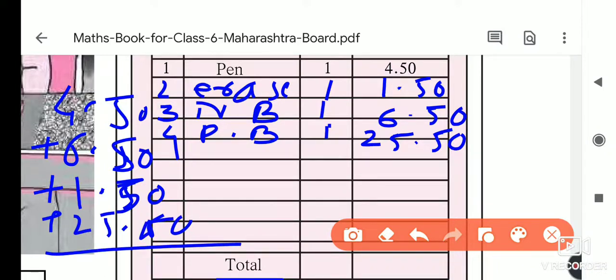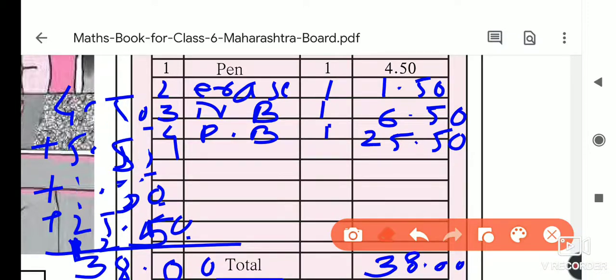If we do the addition of these, you will notice that 0 plus 0 plus 0 plus 0 is equal to 0. 5 plus 5 is 10, 10 plus 5 is 15, 15 plus 5 is 20. So 2 is carried. Here 5, 6, 7, 8, 8 plus 10 is 18, and here 2 plus 1 is equal to 38 rupees. How many rupees? 38 rupees is the total. So the bill is 38 rupees.